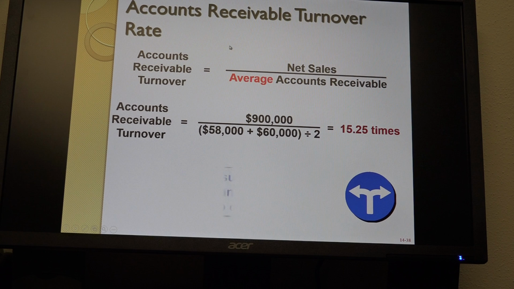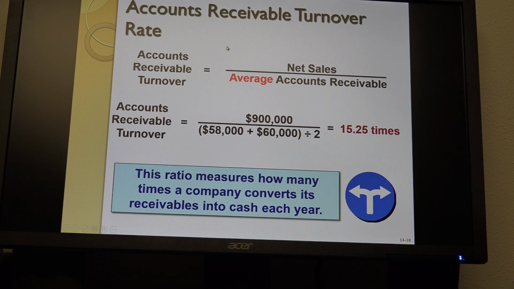And again, we looked at some of these already, but coming back to short-term creditors, you would want to look at accounts receivable turnover rate. Simply, this is your net sales divided into average accounts receivable, which is beginning year accounts receivable plus end of year accounts receivable divided by 2.